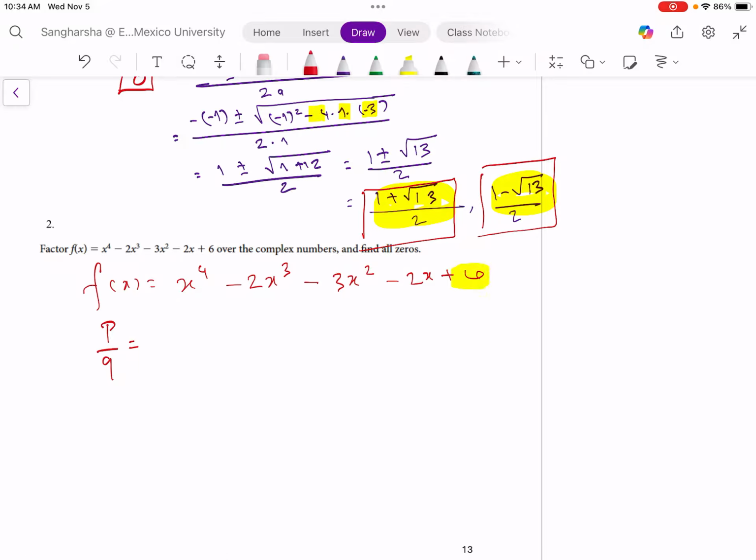So 1, negative 1, 2, negative 2, 3, negative 3, 6, negative 6. These are the numbers that divide our constant 6, divided by every factor of the coefficient of the leading term. This leading term has a coefficient 1. So the factors of 1 are positive 1 and negative 1.